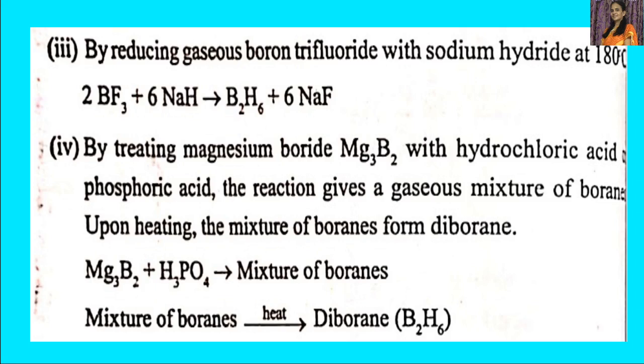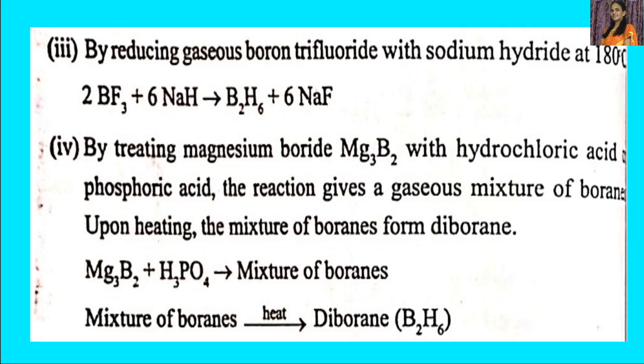Now the next preparation is by treating magnesium boride, Mg3B2, with hydrochloric acid or phosphoric acid. The reaction gives a gaseous mixture of boranes. Upon heating, the mixture of boranes forms diborane.